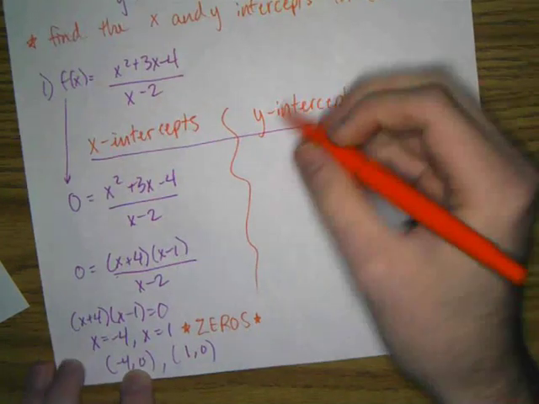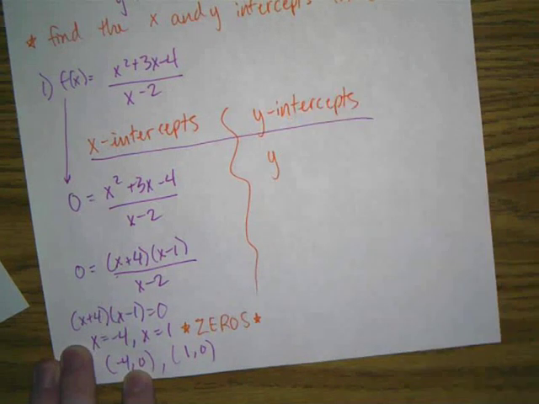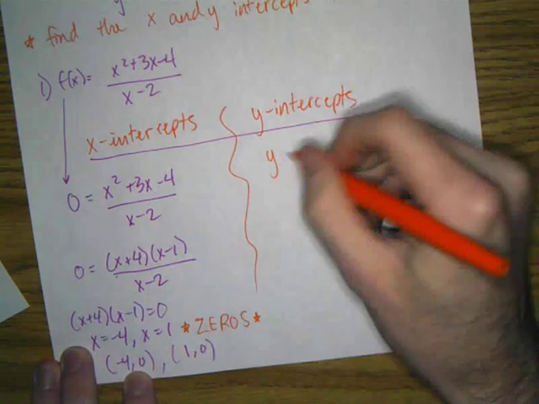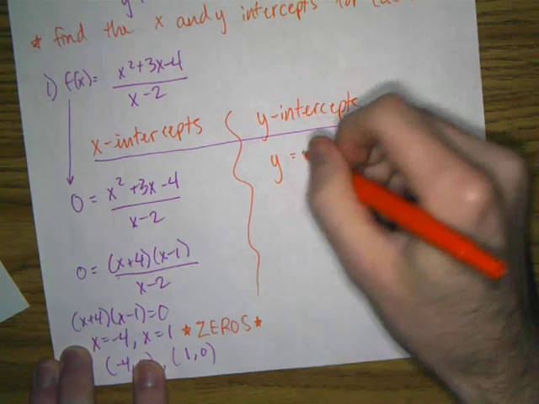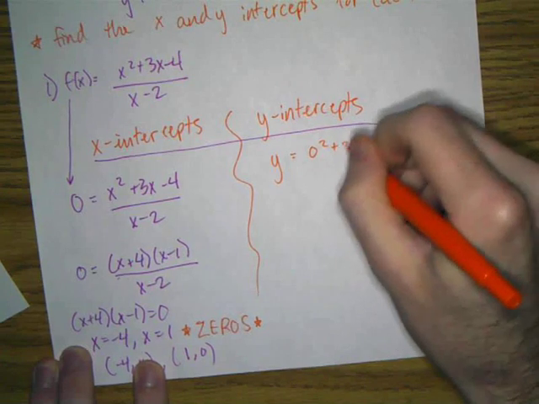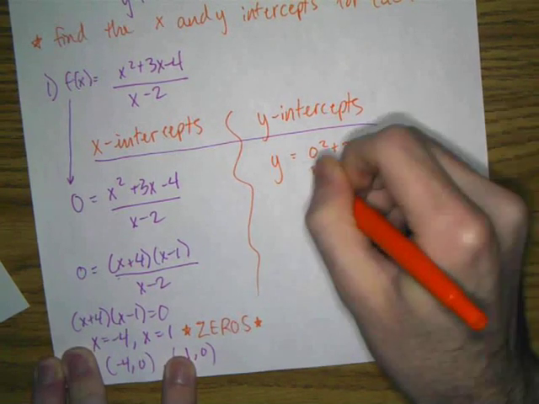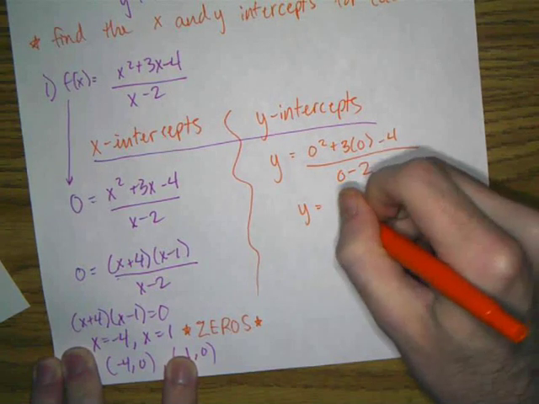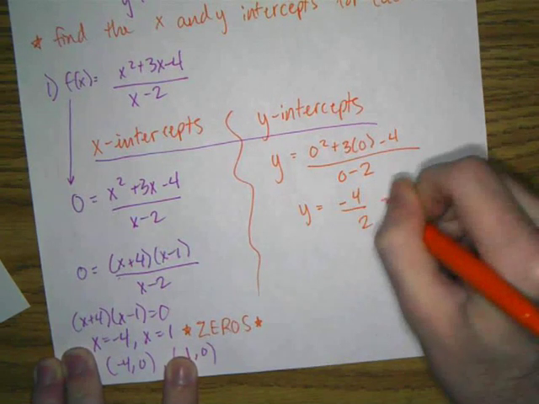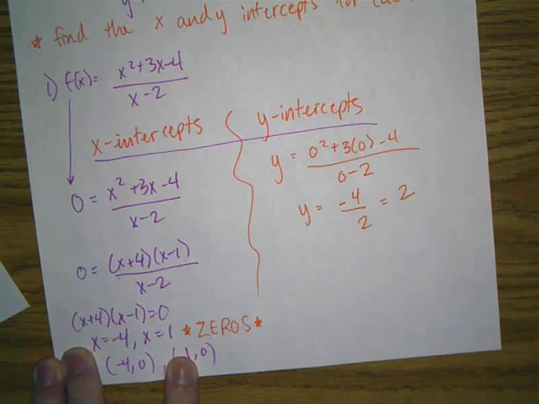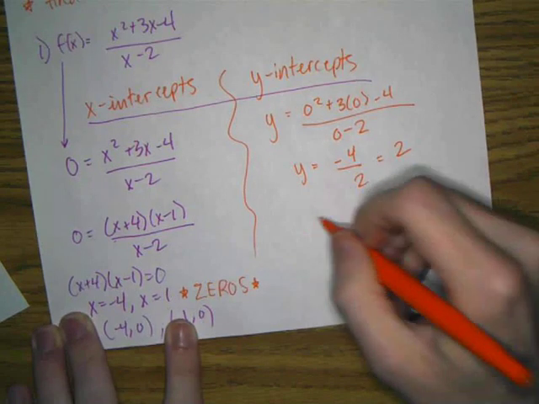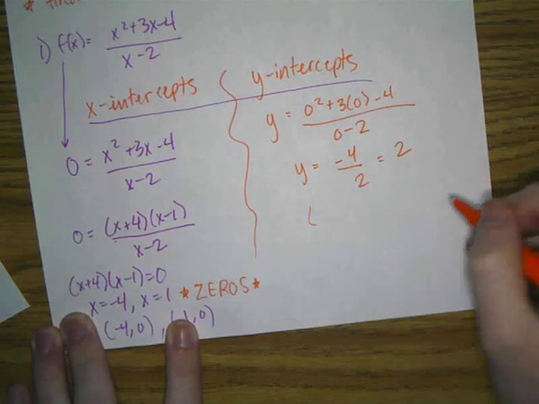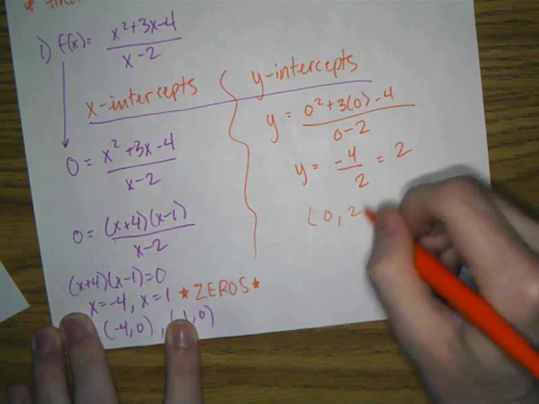Okay, moving on to the y-intercepts. We leave y alone and set x equal to 0 this time. So I have y is equal to 0 squared plus 3 times 0 minus 4 over 0 minus 2. So I get y is equal to -4 over -2, which is equal to just 2. So my y-intercept is 0, 2.